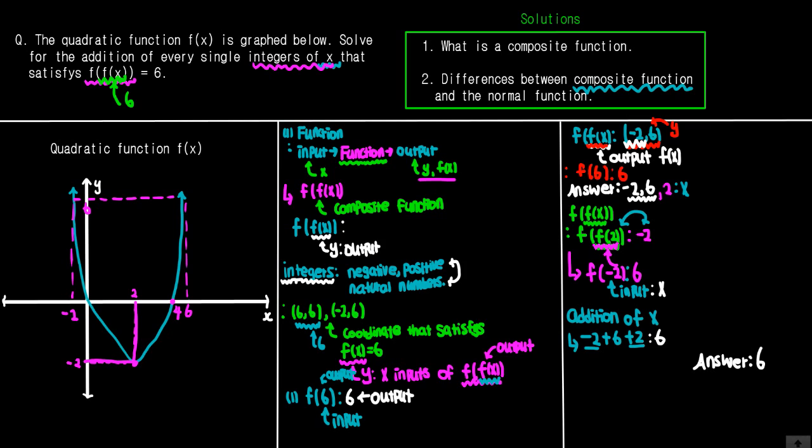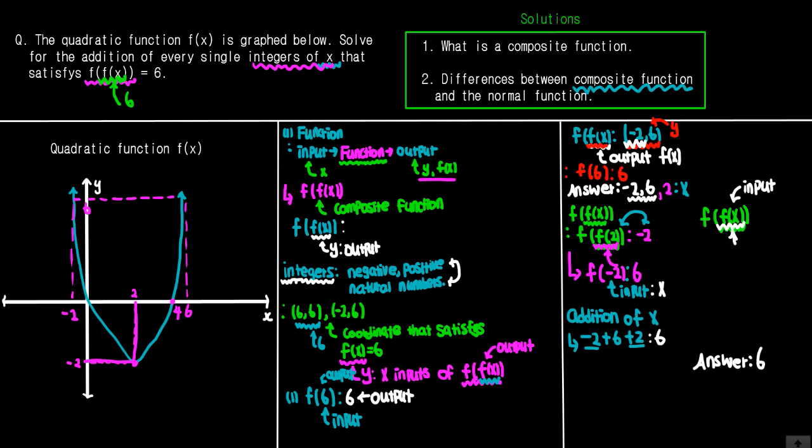The only thing that we have to remember in our function f of x is that at first we care about the inside of the parenthesis, which is f of x. If we input the x values inside our parenthesis, that is the input, and the output of our function comes out of f of x.